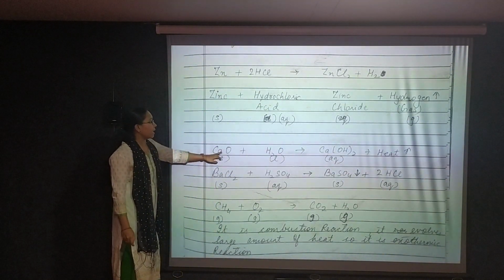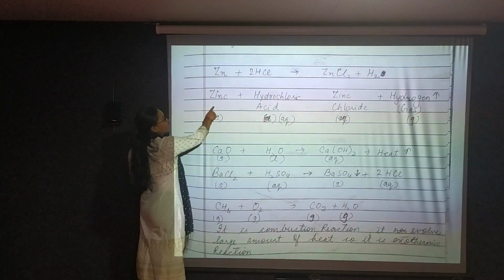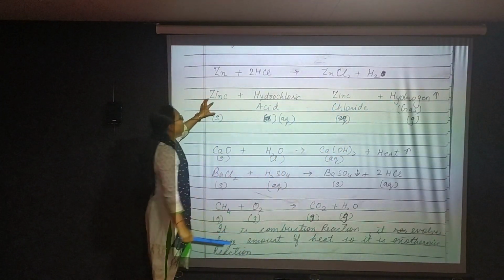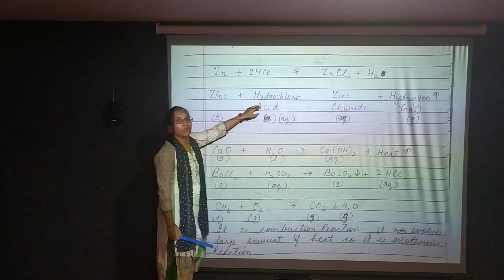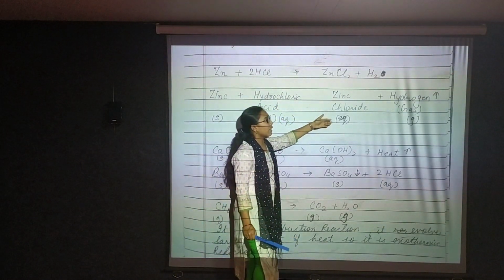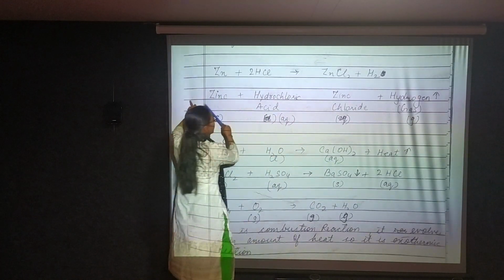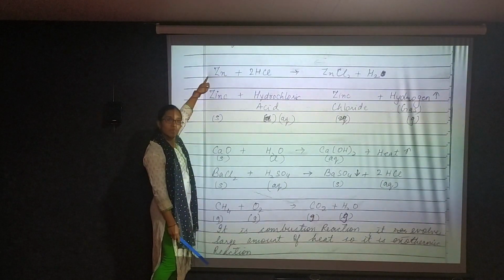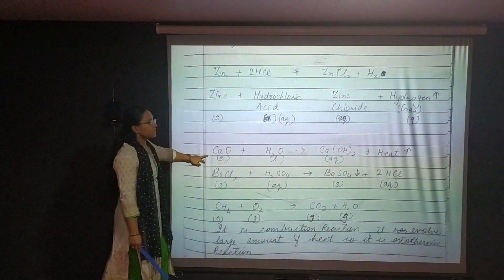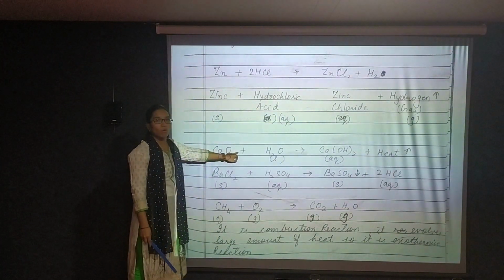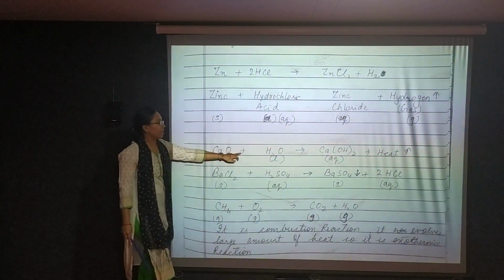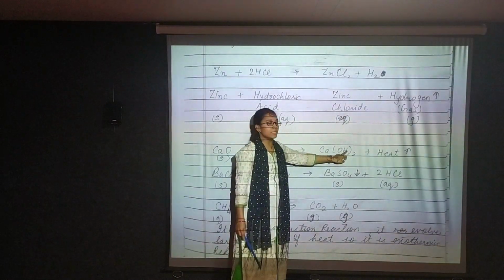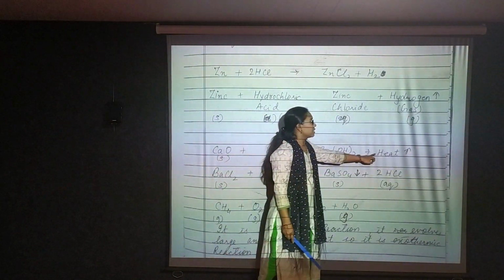Next example is CaO. As I have mentioned here, zinc plus hydrochloric acid gives zinc chloride and hydrogen gas, meaning when you combine zinc metal with hydrochloric acid, you get zinc chloride and hydrogen gas. This is the word representation of an equation, and this is the symbolic representation. Now the next symbolic representation is CaO, calcium oxide, plus H2O, water, gives Ca(OH)2, calcium hydroxide, plus heat.